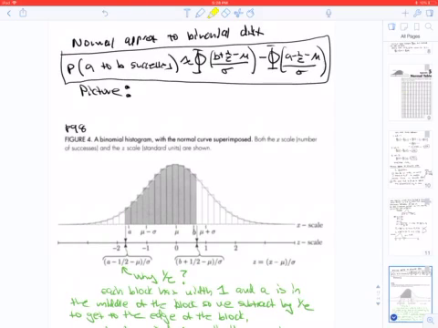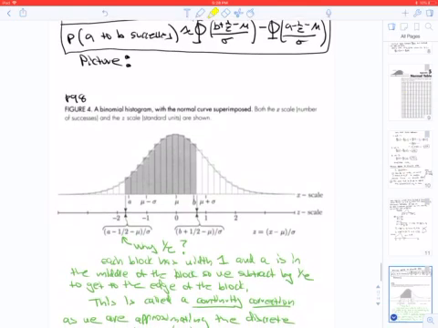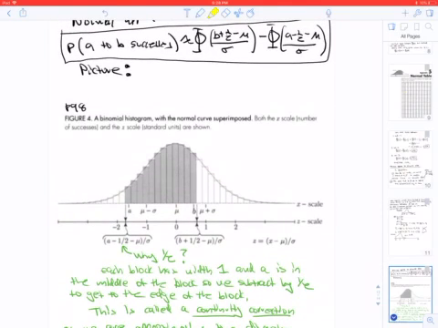So to make a normal approximation to the binomial, we want to use this formula here. And this is, again, motivated by this picture where we don't want to take the area under the normal curve between A and B, but rather a little bit less than A and a little bit greater than B. So we want to take A minus a half because the block width is always 1, and the integer A is in the middle of that block.